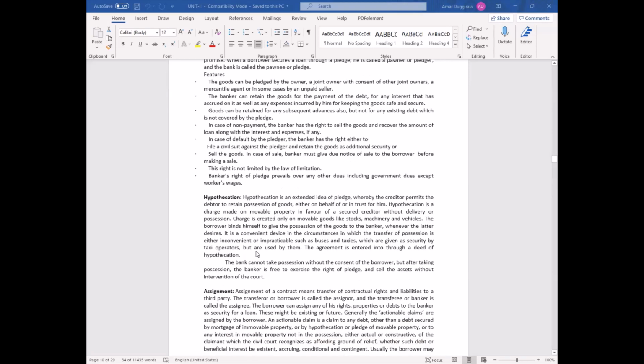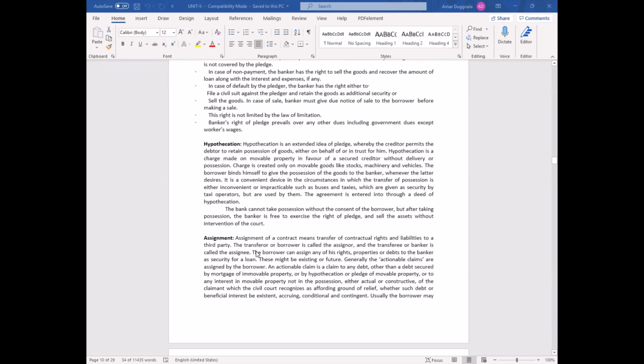Third is hypothecation. It is a very popular model you can see in consumer lending field where house loans, home loans, vehicle loans and two-wheeler loans are given. This is one of the best examples of hypothecation. So it's an extended idea of pledge.